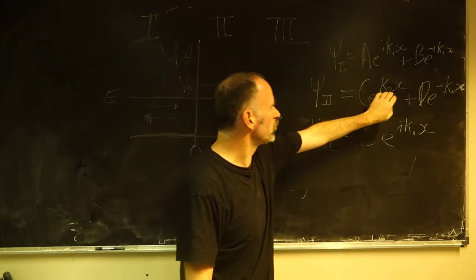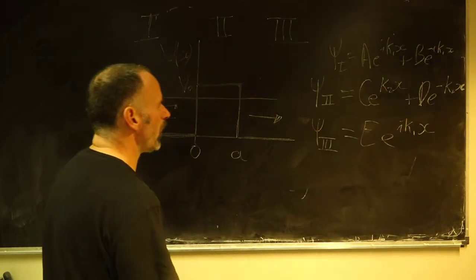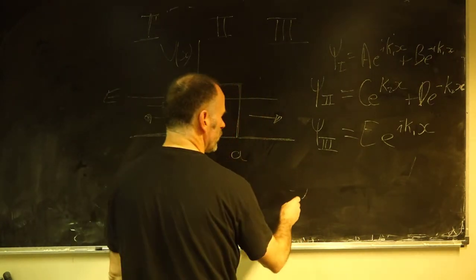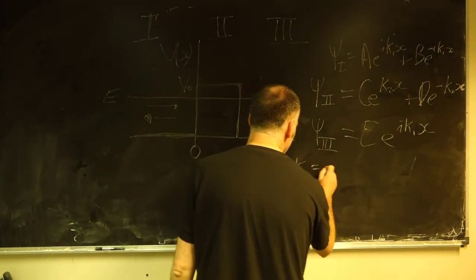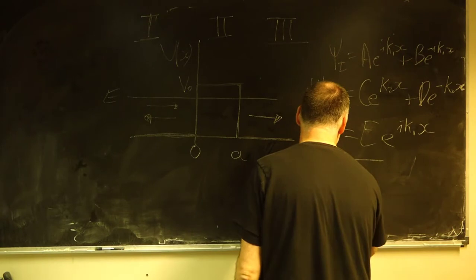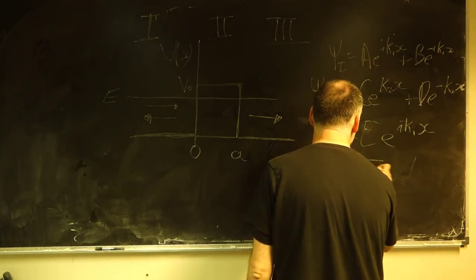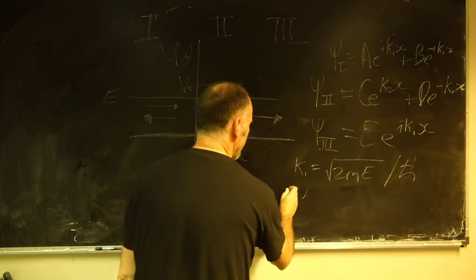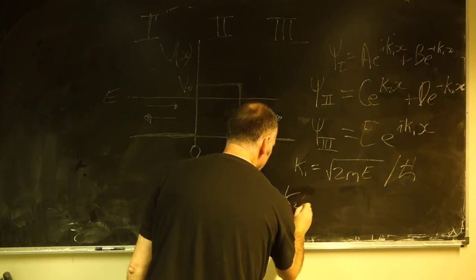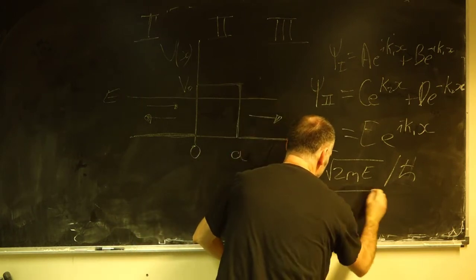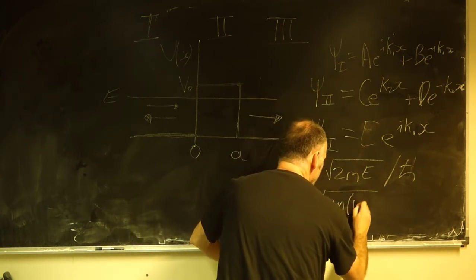We can just write this as k2, where let me define what k1 and k2 are. So k1 is exactly as we had for the potential step, square root of 2mE over h bar, and for k2, we're just going to go ahead and do it in that form.